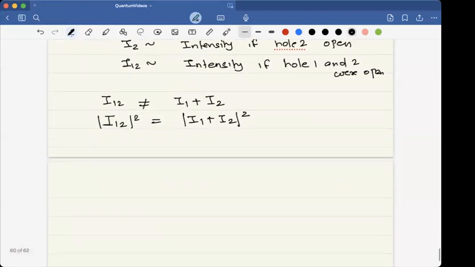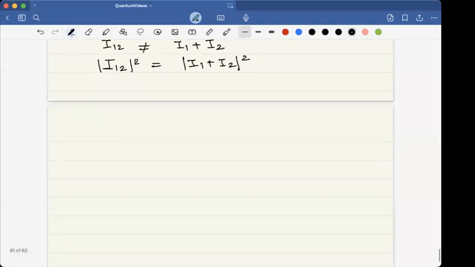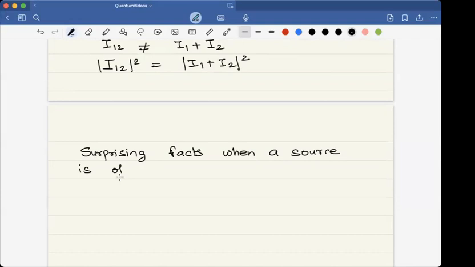So let's see the surprising facts when a source is of electrons.